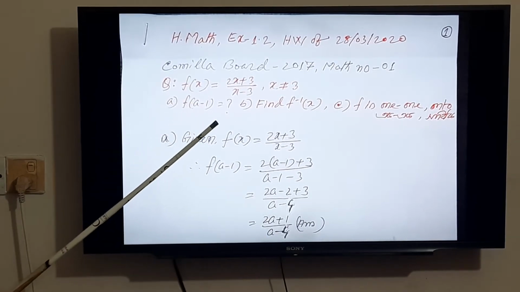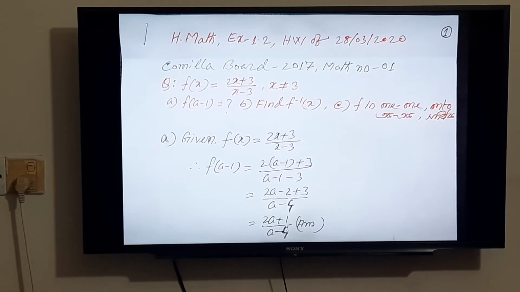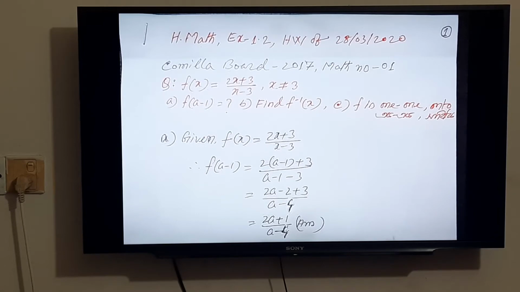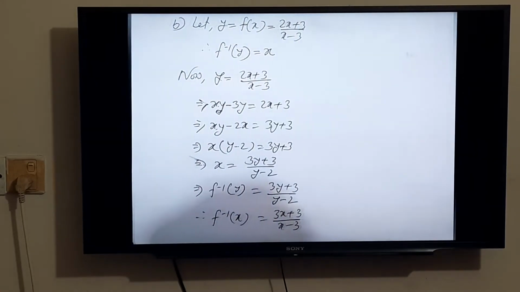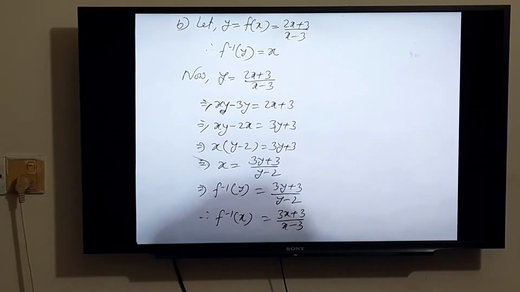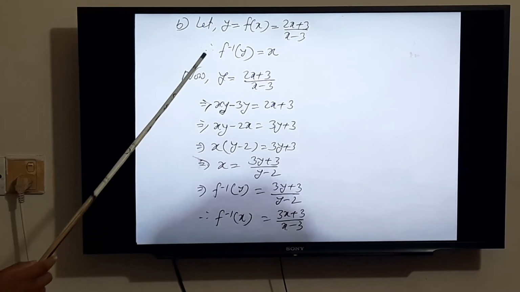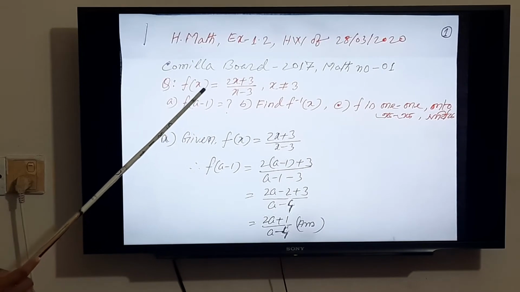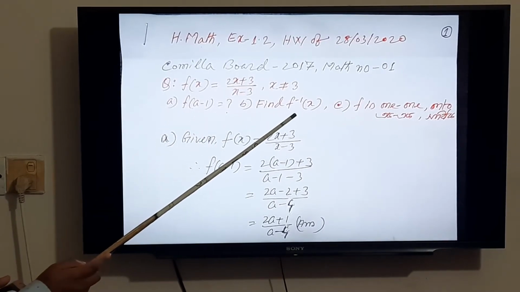Now, question number B. We need f inverse x. At first, you have to know what is f inverse x. For this calculation, given is f of x is this, we need f inverse x.